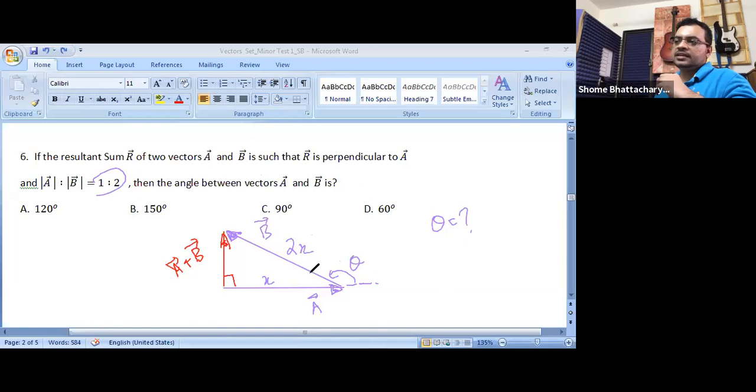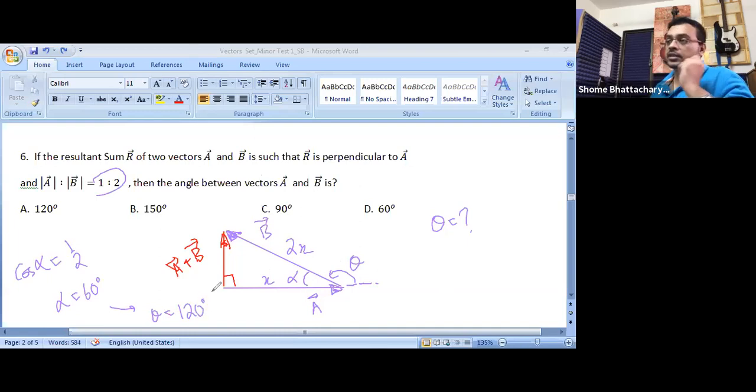So you can see that if this angle is alpha, cos alpha is half. So alpha is how much? 60 degrees. So therefore theta is how much? 120 degrees. Understood, friends? Got it, beta? Okay, good.